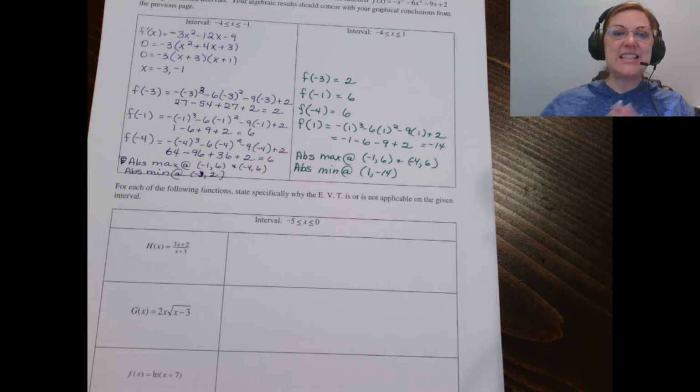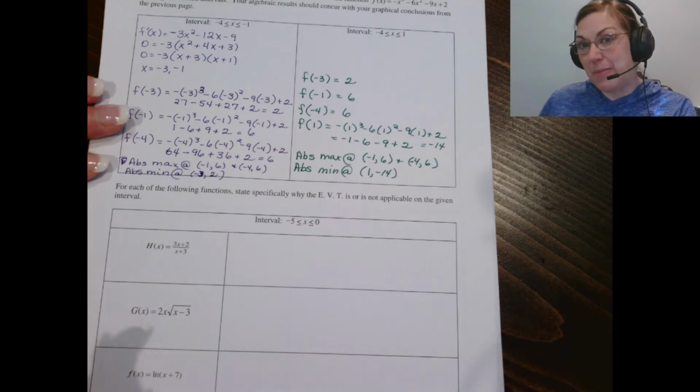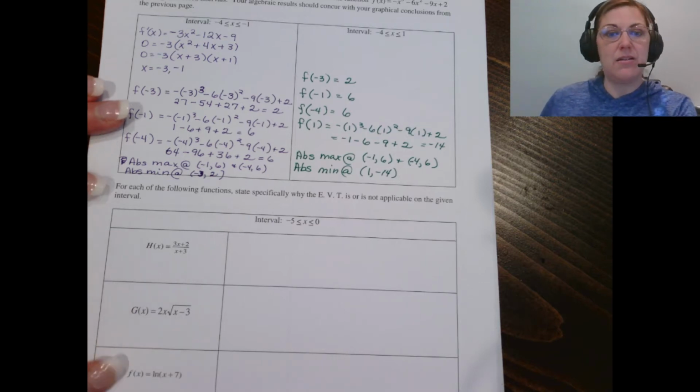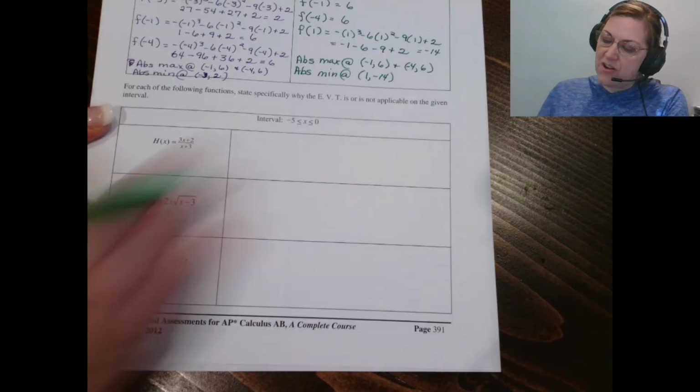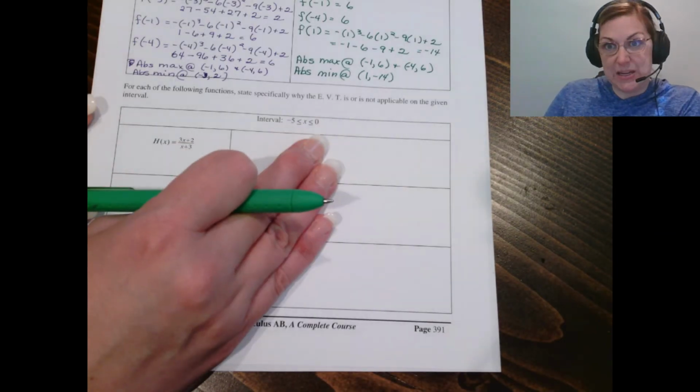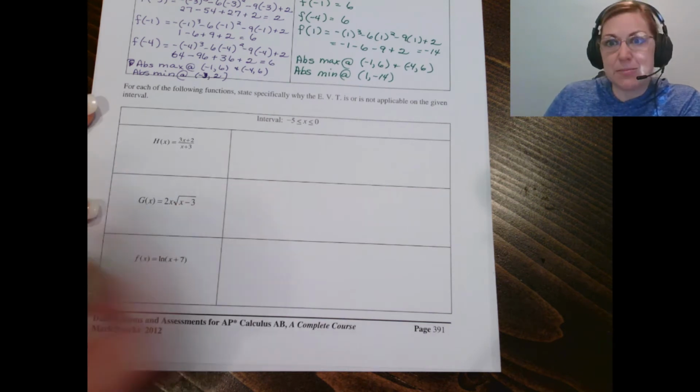Okay, let's then look at when it's possible that the extreme value theorem might not apply. So look at h of x here. We're told on the interval from -5 to 0, h of x is 3x plus 2 over x plus 3.